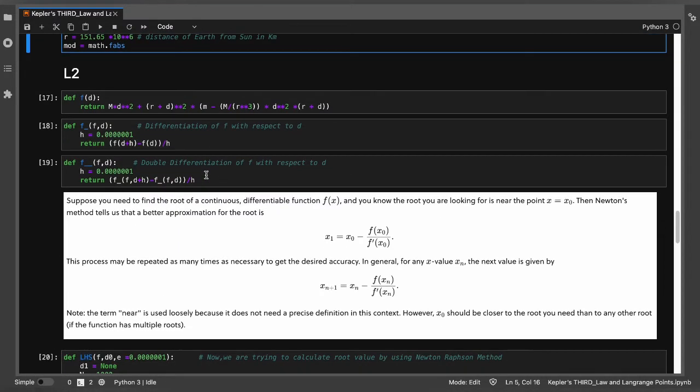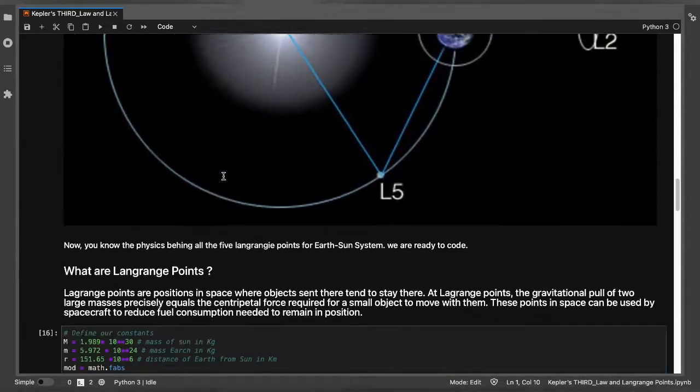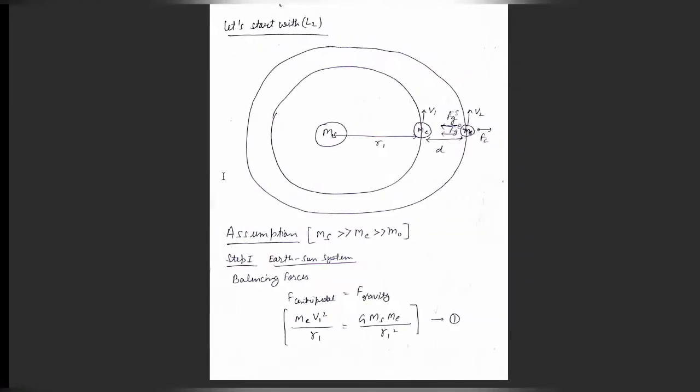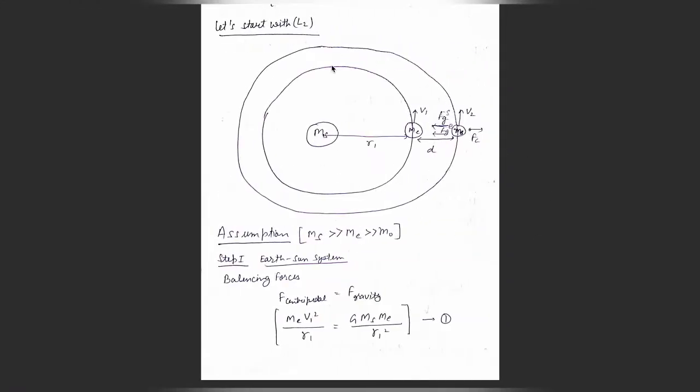So let's calculate the L2 orbit. First we are going to define FD. Let me take you to the formula and how we can derive it. This is a sketch of how we derive the formula.